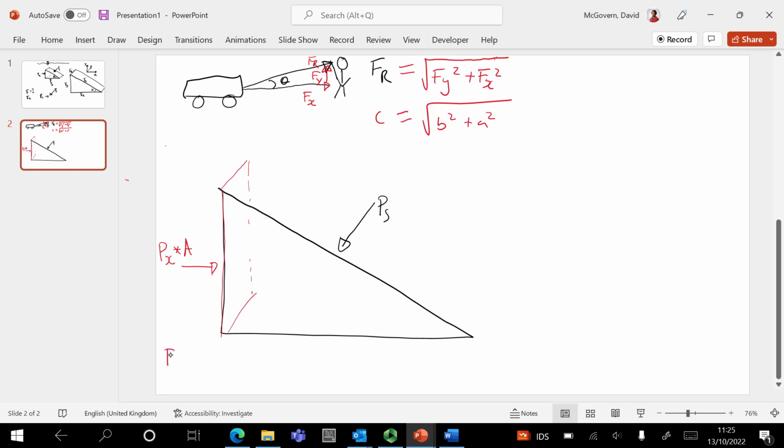So let's just write that down. So Fx equals Px times delta y delta z. I can't do that. I need to turn PS. I can't do this minus whatever PS is. I need PS in this direction.